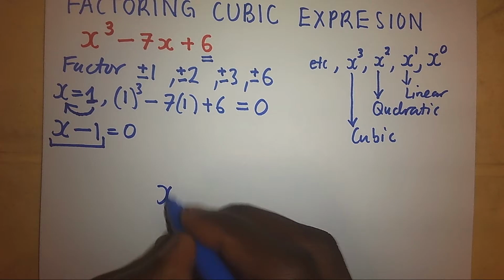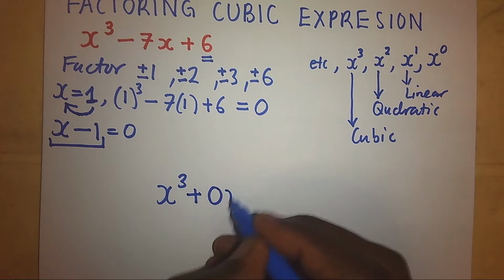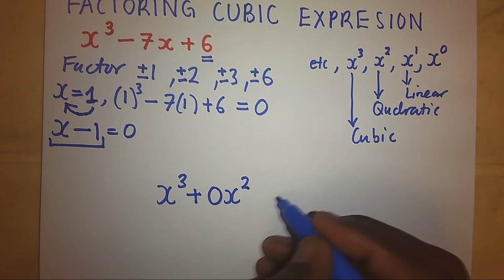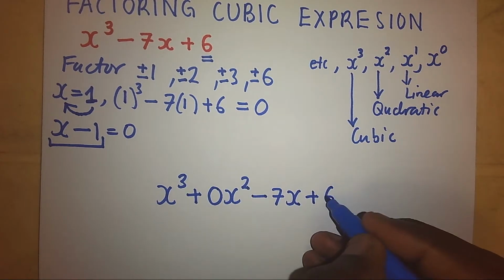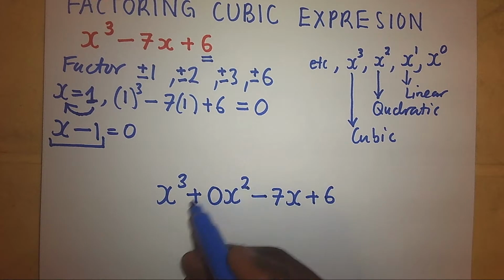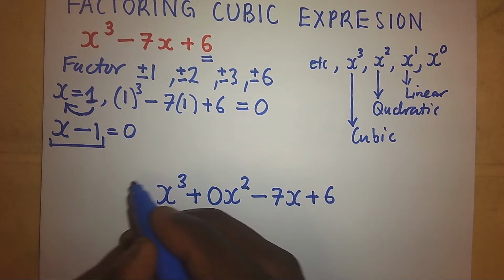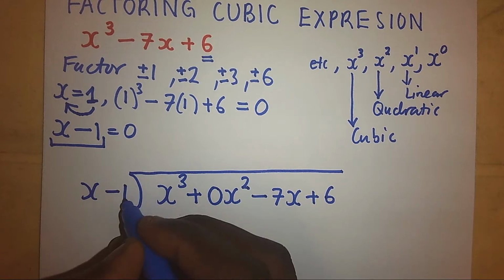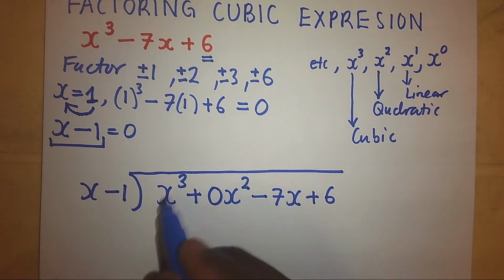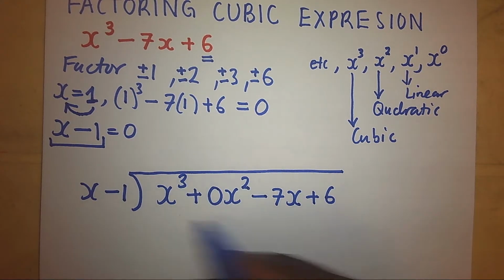X power 3 plus 0 x squared minus 7x plus 6. Because when I make the full polynomial statement, it becomes easier for me to divide x minus 1. Now, I need to remove this one factor which I got from the cubic factors so that I can remain with quadratic and I easily get my answer.